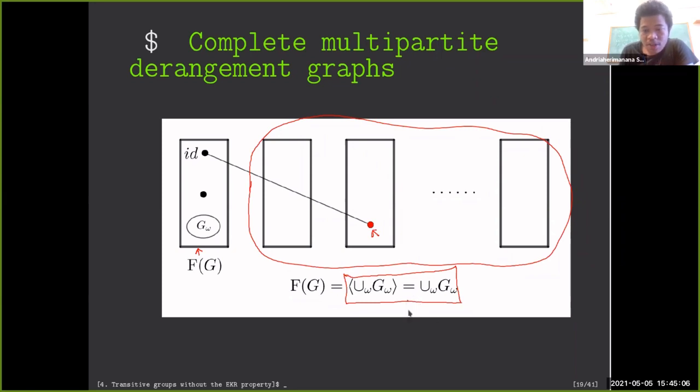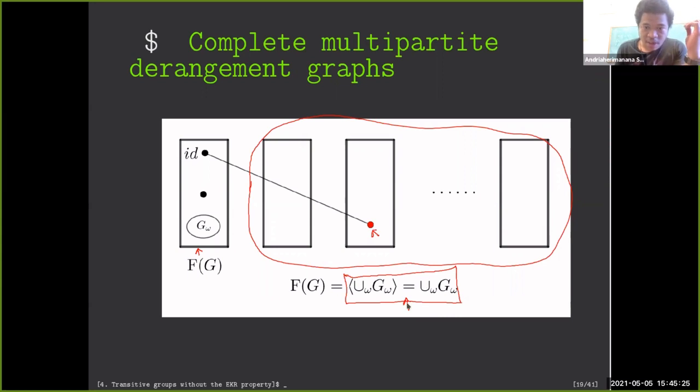So there is something weird going on here, because this implies that if I take the product of any two permutations with at least one fixed point, then the product is never a derangement.